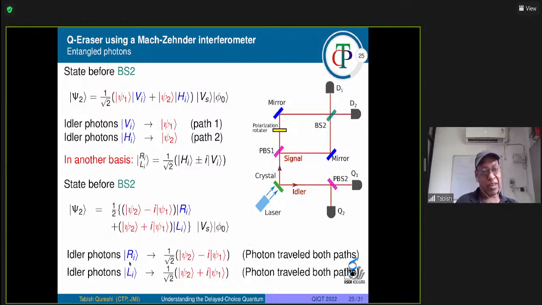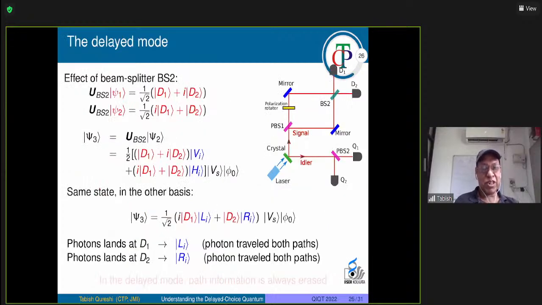If you find R state of this, you know that the state of the signal photon was this, that means the photon traveled both paths. If you get L, you know that the photon traveled both paths again, but with a slightly different phase between the two paths. Okay, so we have all the mechanism in place now. So what happens in the delayed mode?